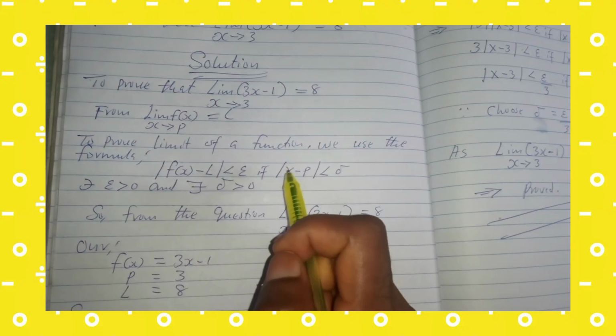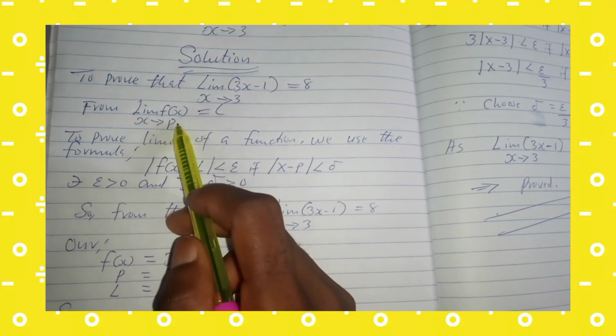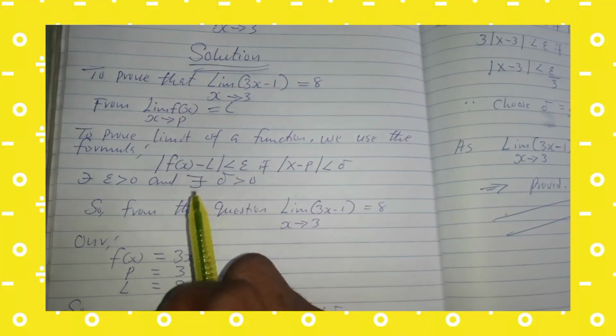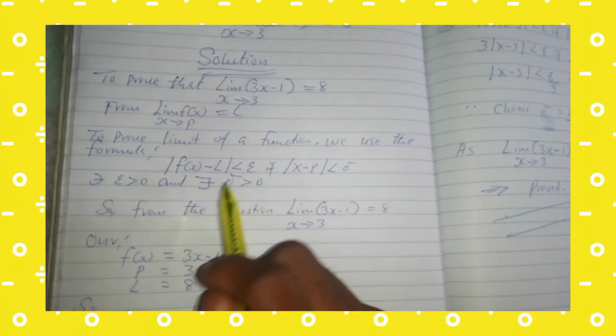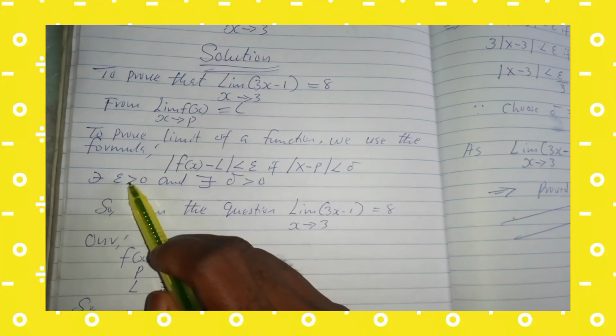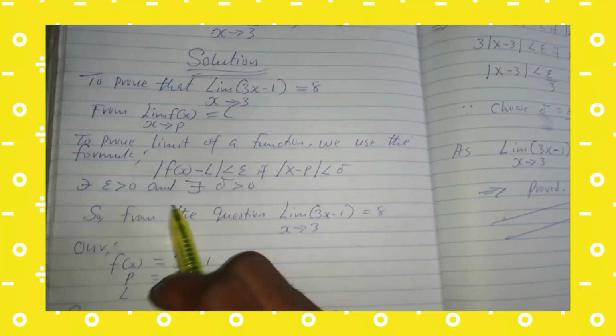If the magnitude of x minus p, where p is the point that we are tending to, is less than delta. In this case we are going to look for delta to show that the limit has been proved. You know that there exist epsilon greater than 0 and delta greater than 0.